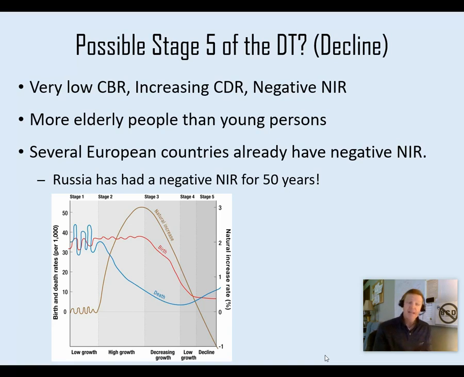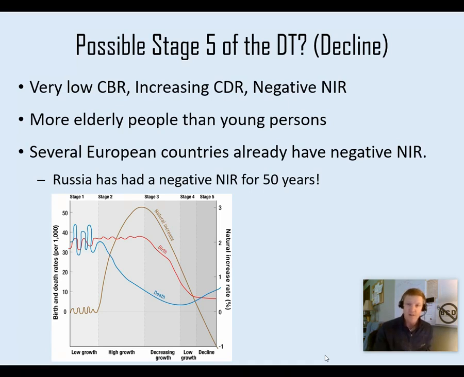But the basic idea of a stage 5 is a super low birth rate, a death rate that's higher than the birth rate, a negative natural increase rate, losing people in a society. Therefore, the only way that you can have population growth would be to have an immigration system. That's why you see guest worker and immigration programs all throughout Europe, because many of these Western European countries have negative natural increase rates.